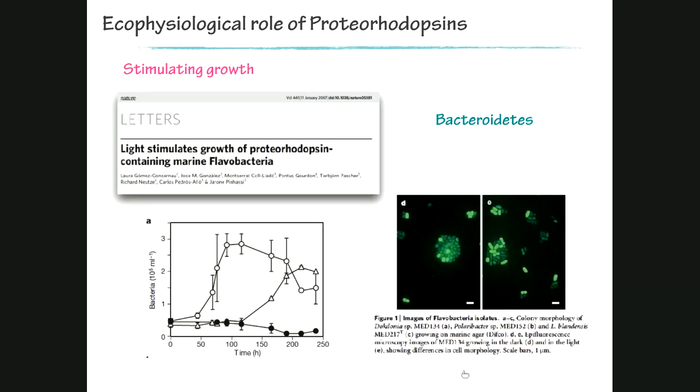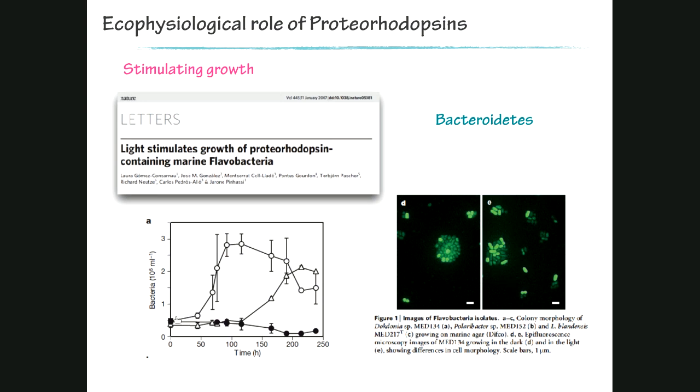But these are additional functions. The main function that was thought to occur, increased growth when growing under light, wasn't shown until a paper was published with a species of marine flavobacteria, a member of the Bacteroidetes, which showed this experiment.